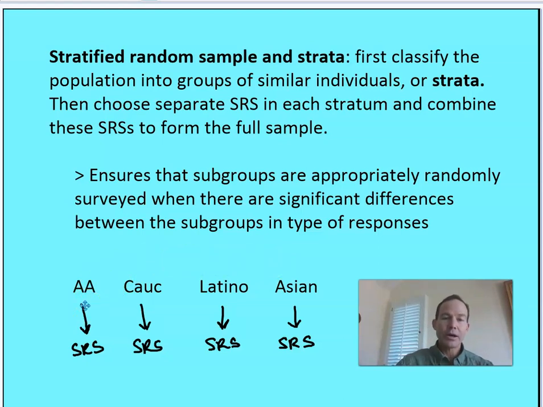And then we're going to take a simple random sample from each of those groups. In order to make sure that we get a representation from each of these groups, we're going to separate them out. Because a general random sample, just by the way that it's handled, sometimes might end up having more sampling done in a specific category.